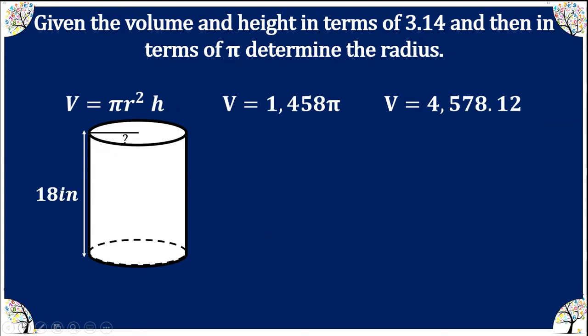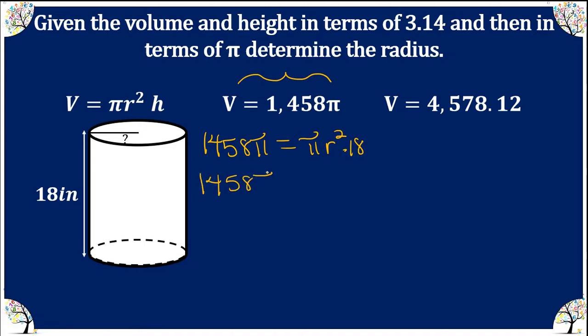Okay, this time we're going to find the radius. We're given the volume and we're given the height. So let's plug in. The first go around, we're going to do it in terms of pi. So the volume is 1,458 pi is equal to pi times the radius, which we don't know, times 18. I'm just going to rearrange this.